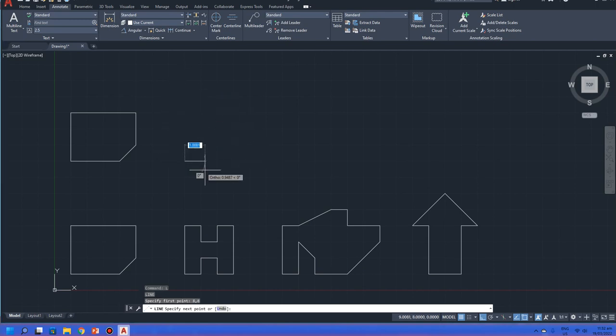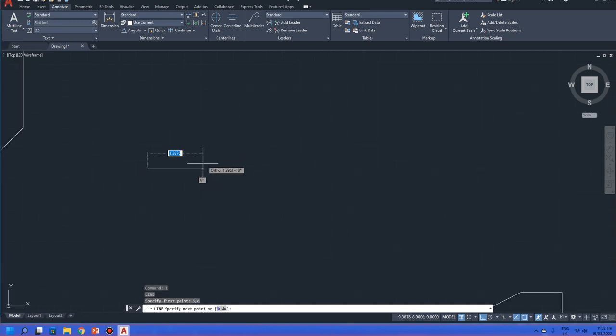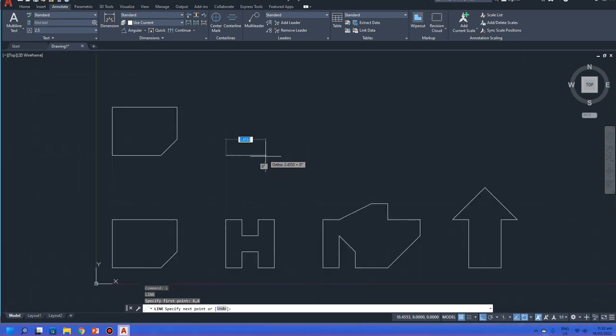Okay, so this is my first point. Let's try to do this. At distance is 1 and angle is 0. Okay. At distance 1, angle 90.